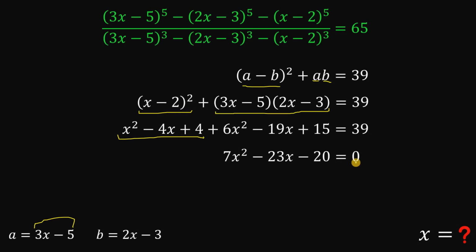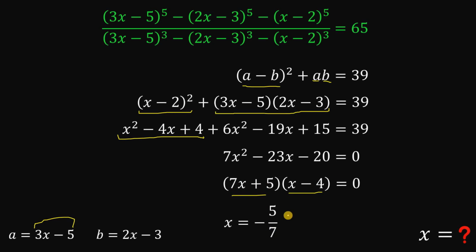Using our factoring techniques, we can factor this nicely as 7x plus 5 multiplied by x minus 4. And using the zero property, we can equate each factor to 0 and solve for x. So 7x plus 5 equals 0, we get x equals negative 5 over 7, and x minus 4 equals 0, we get x equals 4.